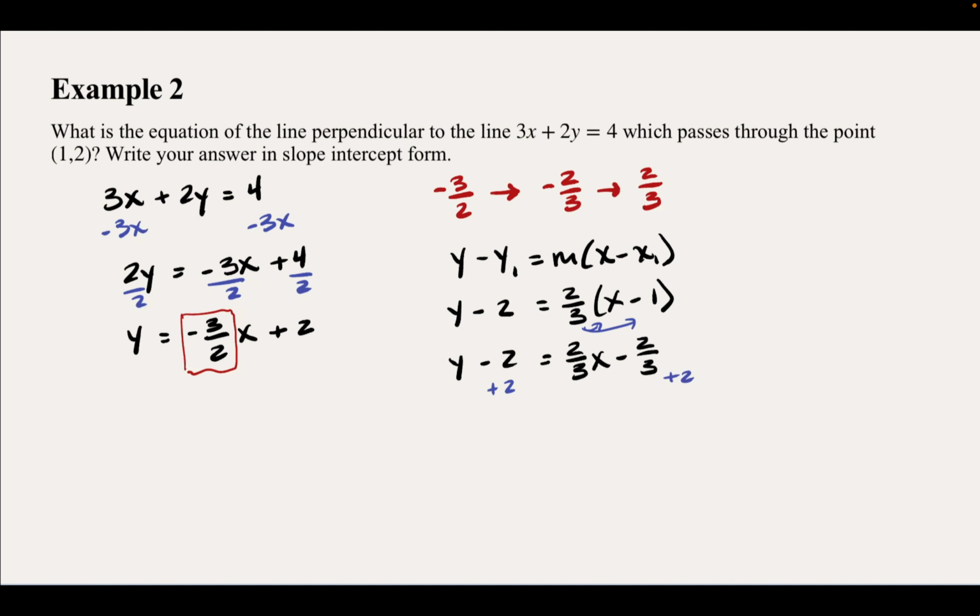I'm going to add 2 to both sides. And negative 2/3 plus 2 is 4/3. So my answer is y equals 2/3 x plus 4/3. That's the equation of the line in slope-intercept form.